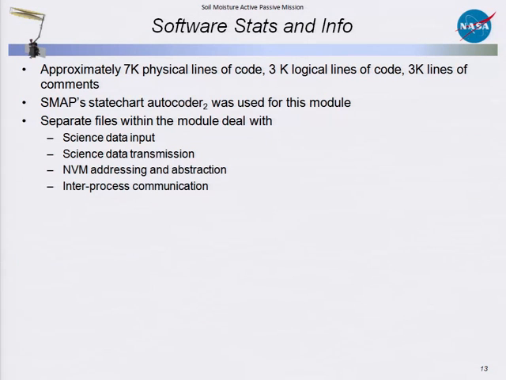So just a little bit of feedback on the software statistics. It's about 7K lines of code physical, 3K logical, 3K lines of comments. This is really a topic for a whole other talk, but this code was auto-coded using a state chart autocoder. I drew all the states out in MagicDraw, and we have an in-house autocoder tool. Click a button, and out pops code. There are quite a few states to manage the DMAs and the addressing and setting up the X-band.